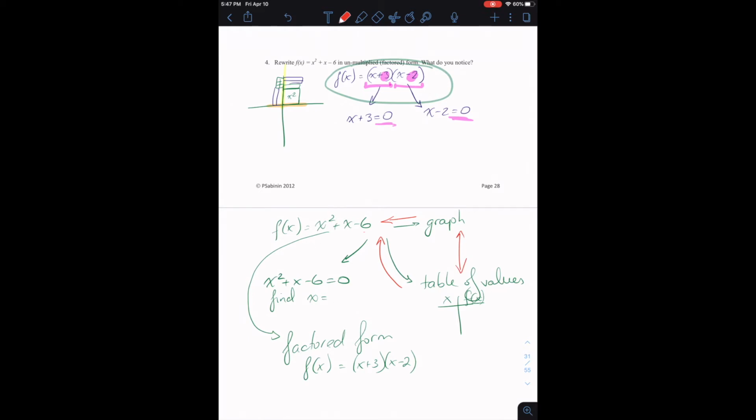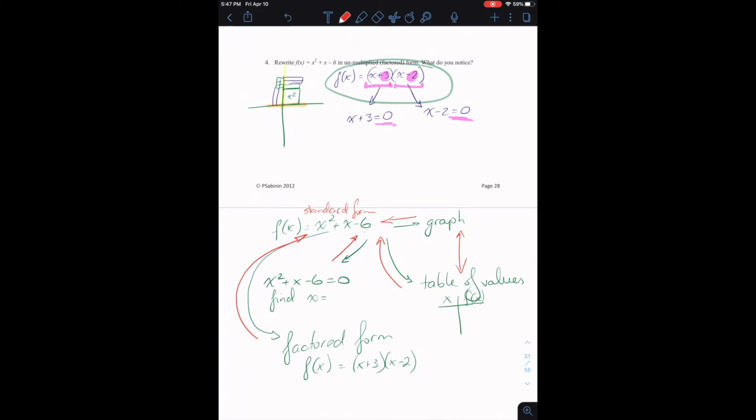If we have a factored form, we can create a standard form. Okay, this is called standard form. Now, if we have this equation, x squared plus x minus 6 equals 0, we can also go back to the function, right?